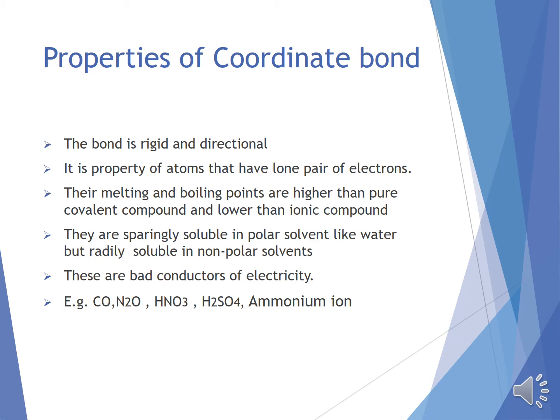The melting and boiling points are higher than pure covalent compounds and lower than ionic compounds. It is in between the covalent compound and the ionic compound. They are sparingly soluble in polar solvents like water, but readily soluble in non-polar solvents. They are bad conductors of electricity. Carbon monoxide, N2O, nitric acid, H2SO4, and ammonium ion are examples of coordinate compounds.